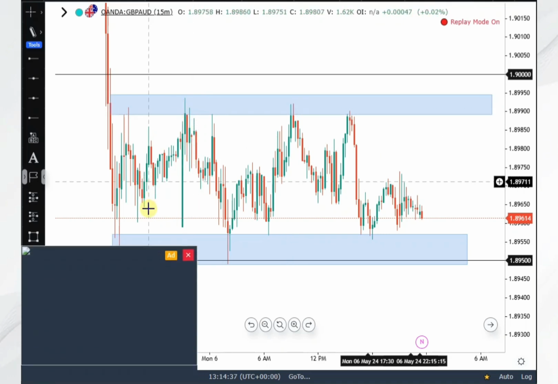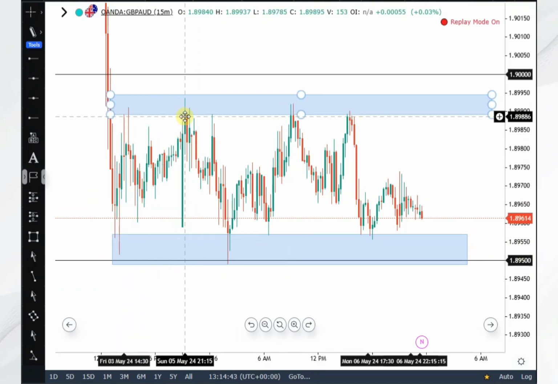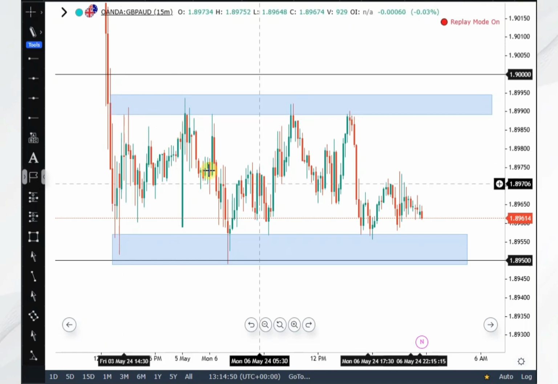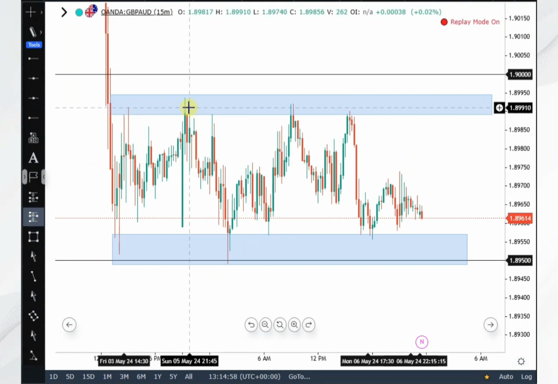When traders see this kind of pullback to the upside and figure out that the market is ranging, a consolidation moving sideways, they will sell at the top, placing their sell orders at the top.